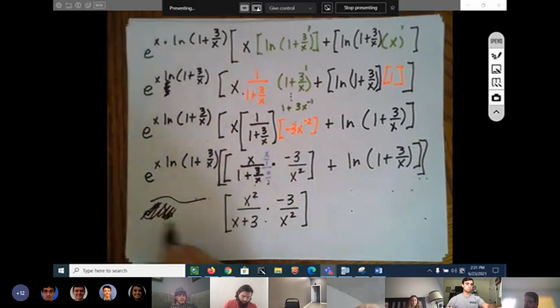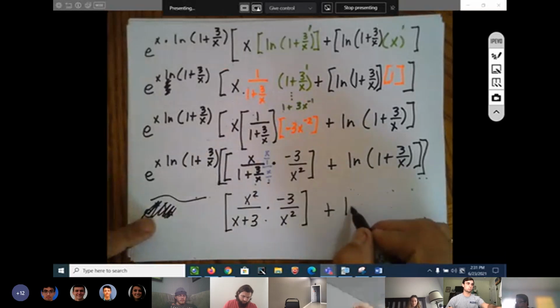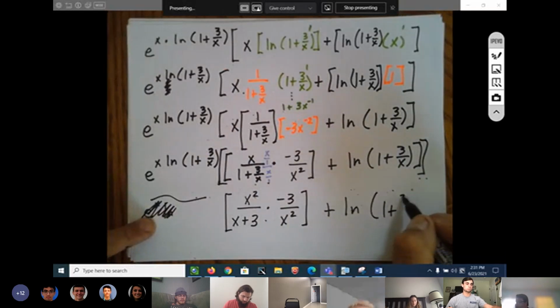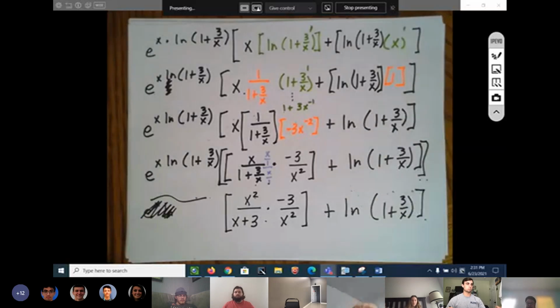And all this trash, I'm just going to put a squiggly line right there, plus natural log of 1 plus 3 over x. And the x squareds cancel.